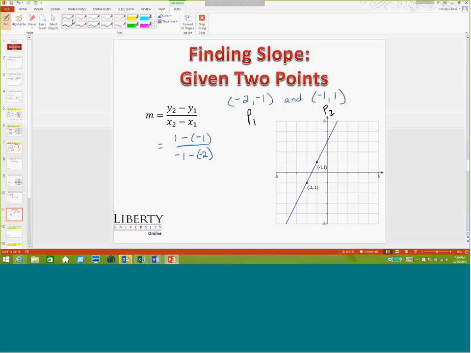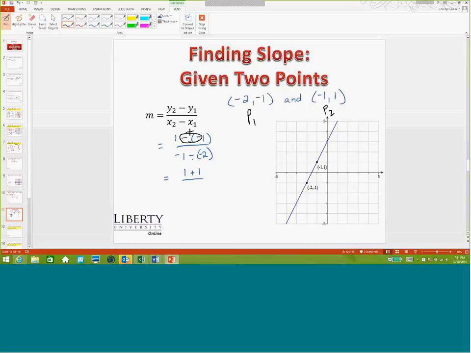We're subtracting a negative. Now remember, you're just going to simplify, but when you subtract a negative, the two minus signs together become one plus sign. So really, you're saying 1 minus a -1, it becomes 1 plus 1.